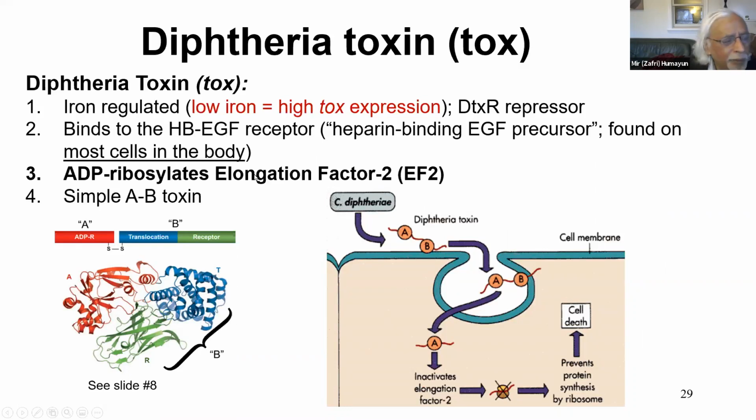This receptor is present in virtually all human cells. The B domain binds to that receptor and internalizes the A domain. The A domain ADP-ribosylates elongation factor 2, which blocks translation, ultimately killing the cell.